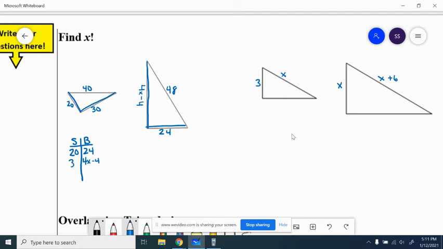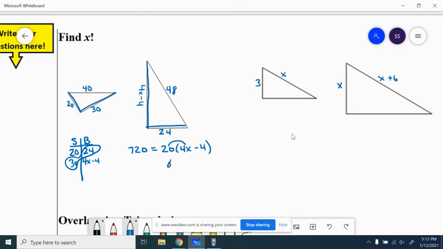So 30 goes here, and now we can just cross multiply and divide. So we're going to do 30 times 24, which is 720, is equal to 20 times 4x minus 4. We need to make sure that we put the 4x minus 4 in parentheses to remind ourselves to multiply by both terms. So we're going to distribute our 20 here.